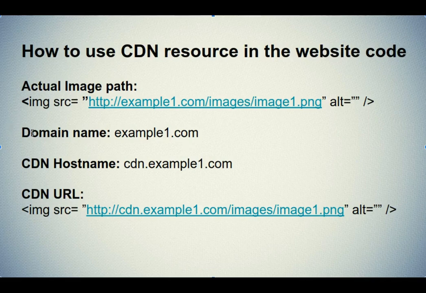For that, you have to replace the domain name example1.com with the CDN hostname cdn.example1.com. Once you replace it with the CDN hostname, it will look like img src equals http://cdn.example1.com/images/image1.png.